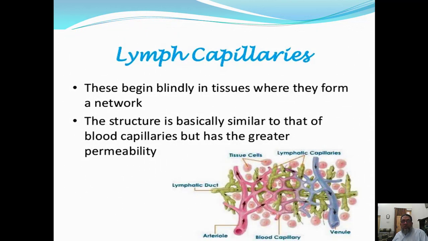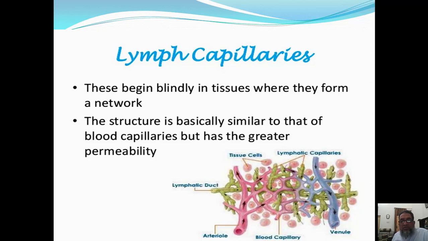Now we will talk about the histology of what lymphatic capillaries are. The histology of lymphatic capillary: they begin in the tissue where they form a network, in the interstitial fluid. Blindly, there is no open end; they start blindly within the interstitium.